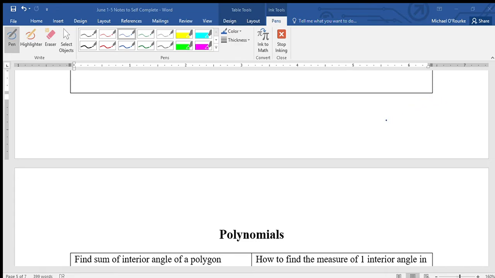Supplementary. Now, if you look, I have 2 of 3 exterior angles, right? So those should all equal 360.